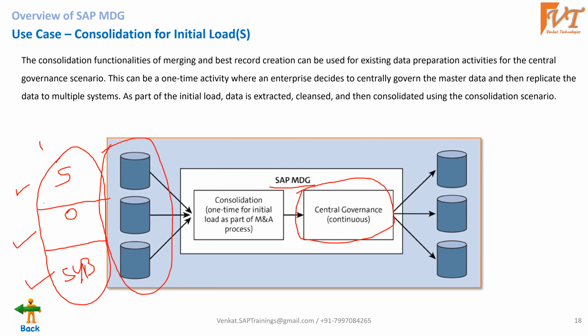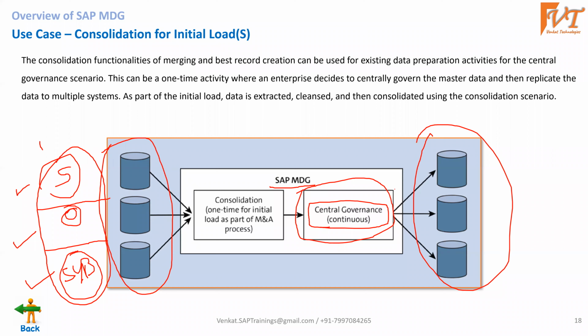So that means there should not be any master data here, here, or here. So to maintain the data centrally in the MDG system and distribute to the same systems again, first MDG should contain all the existing master data.